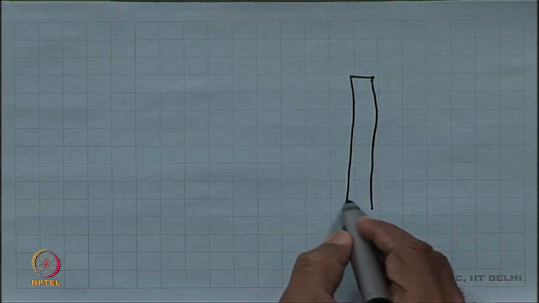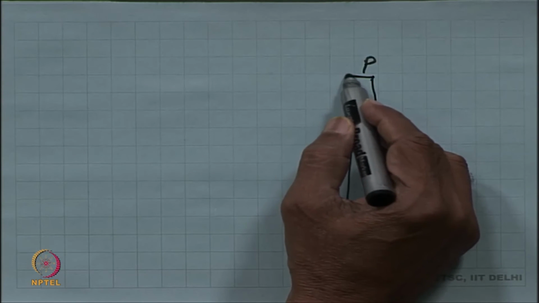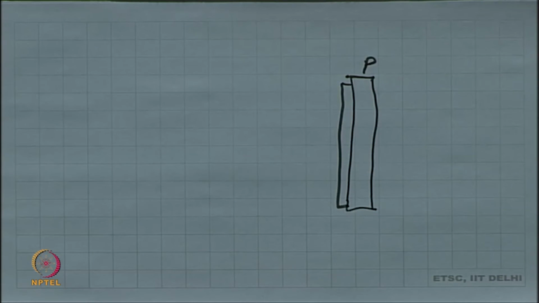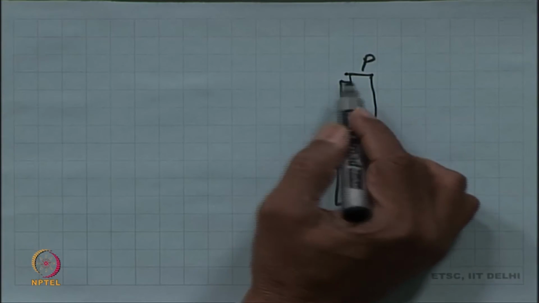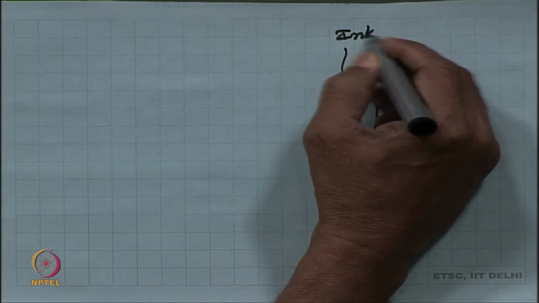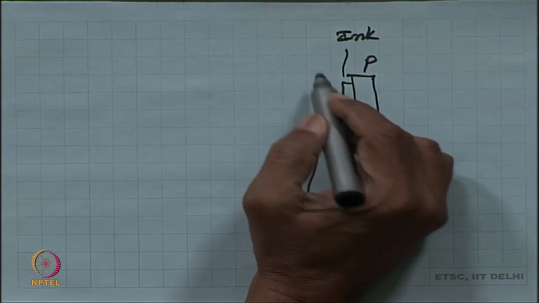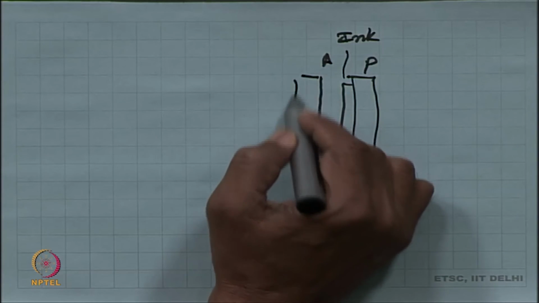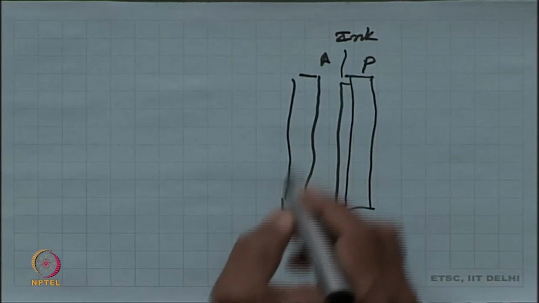So, paper also has some thickness, then now, let us say this is called the ink layer, then there may be some gap, which is the air gap, and then there is a fabric on the other side, which is the fabric.